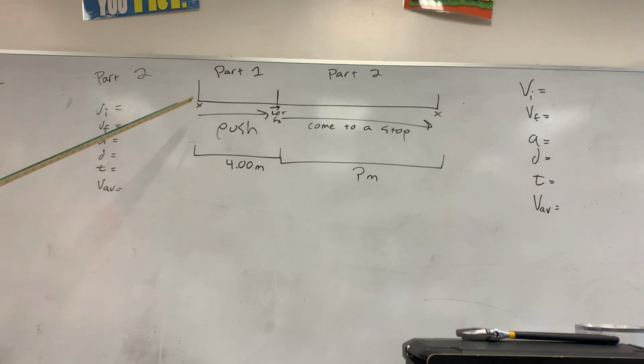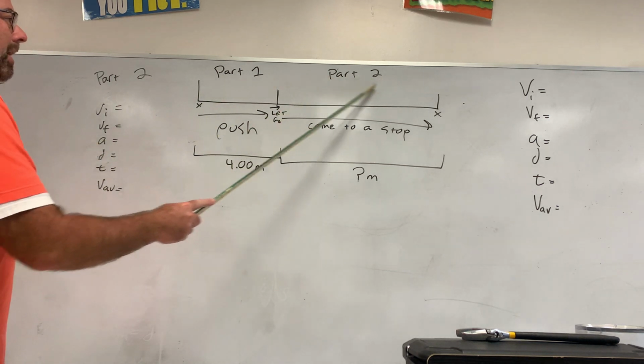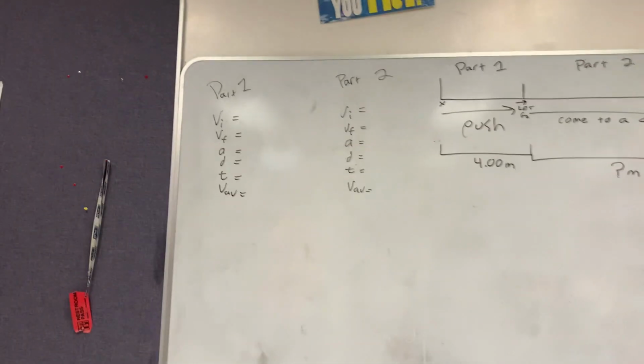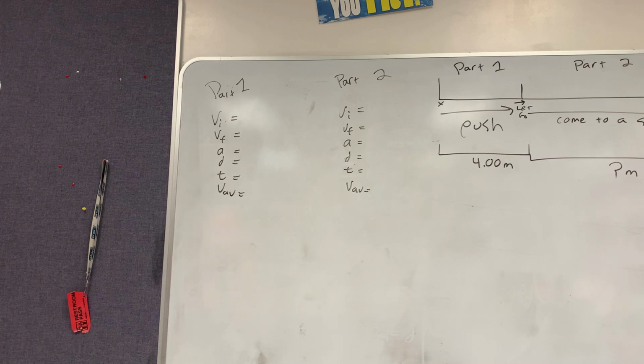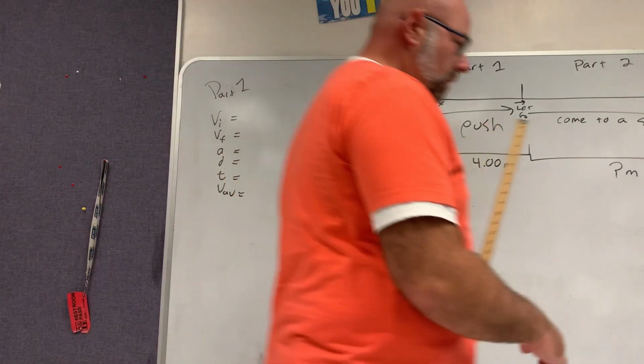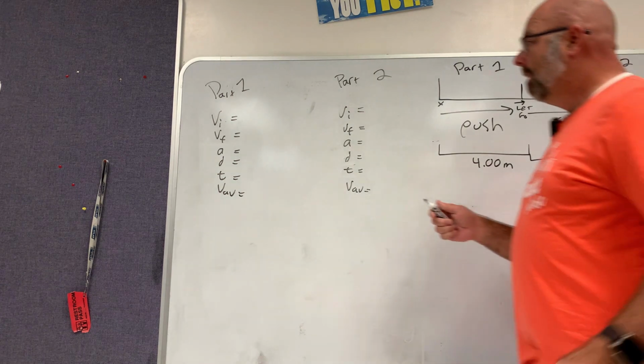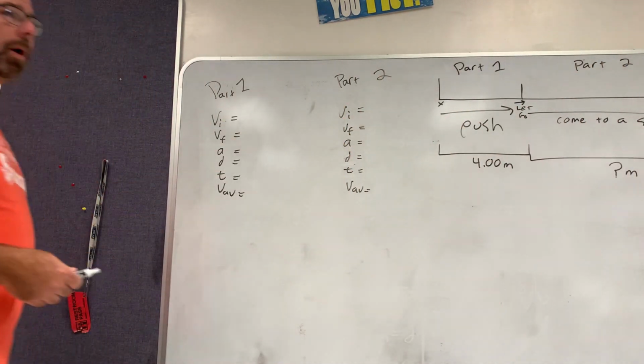So the trick with this is you have two different, kind of independent parts of this question. So as such, I have two different sets of variables to consider in this problem. So for the first part, what do we know? Jump in anytime. What do I know for the first part?